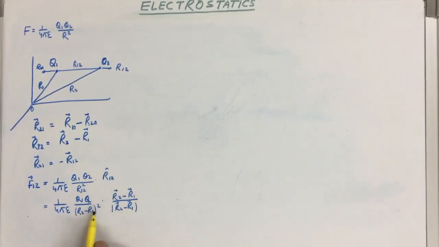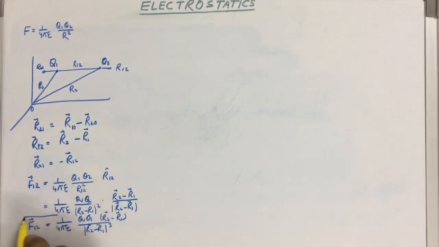In this way it can be simplified as Q1 Q2 times R2 minus R1 divided by the magnitude of R2 minus R1 cubed. This is the force in the direction of Q2.